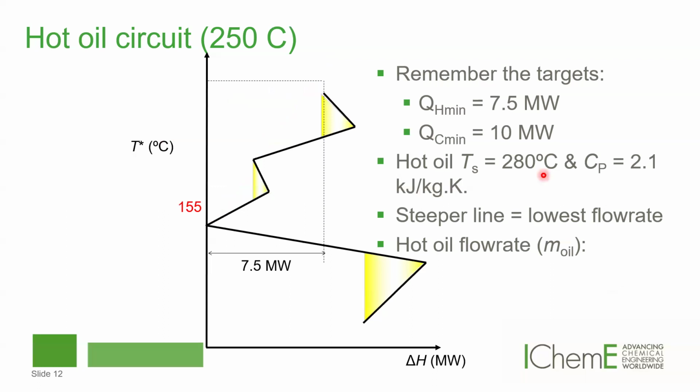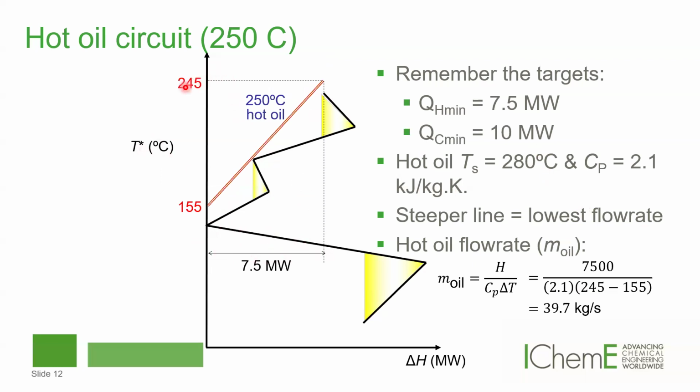So what if the temperature of the hot oil is 250 degrees Celsius? Again, we take the horizontal distance and then plot the temperature at 250 minus half delta T min.